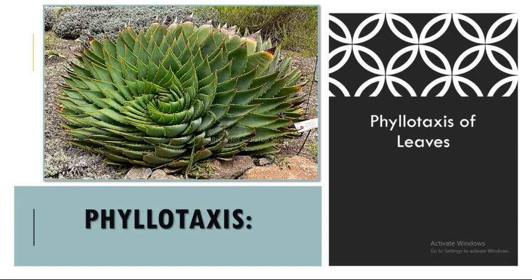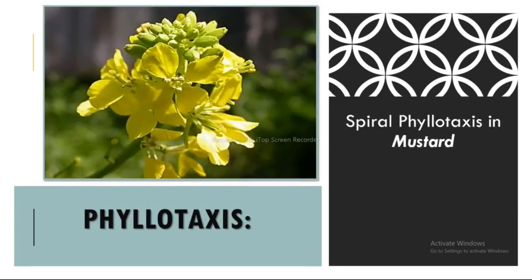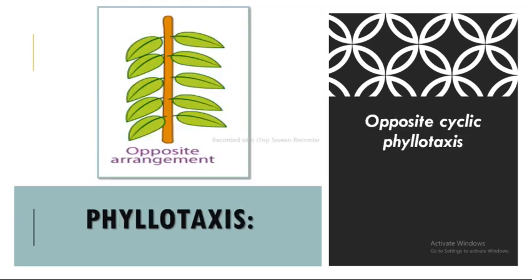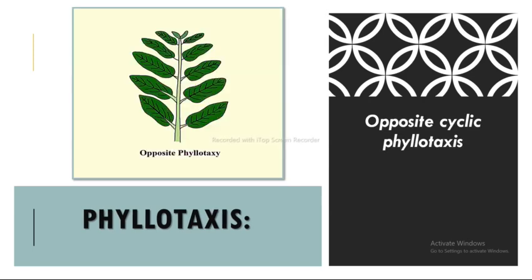So this is the phyllotaxis of the leaves or arrangement of the leaves as shown in the figure. First type of the phyllotaxis is the spiral phyllotaxis, and spiral phyllotaxis is mostly found in mustard as shown in the figure. Again, this is a spiral phyllotaxis in the sunflower. This is opposite cyclic phyllotaxis or opposite arrangement of the leaves as shown in the figure.